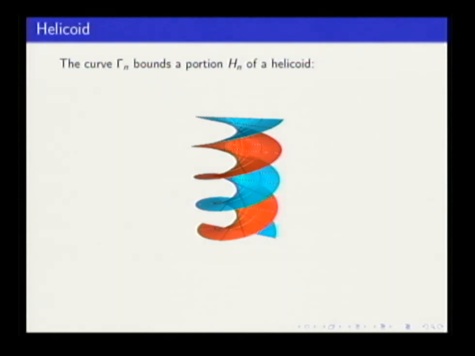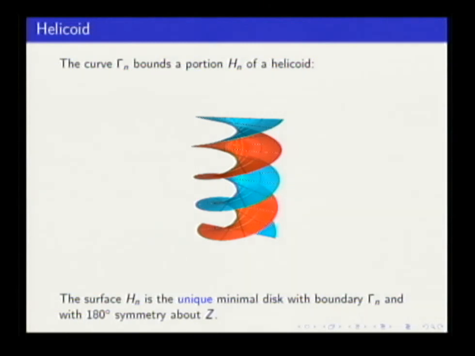Notice that surface is invariant under 180-degree rotation about the z-axis. It has 180-degree rotational symmetry about the axis. And in fact, it's not too hard to show that the helicoid is the only minimal disk that has that symmetry. It's the unique minimal surface with the given boundary and that has 180-degree rotational symmetry about the z-axis.